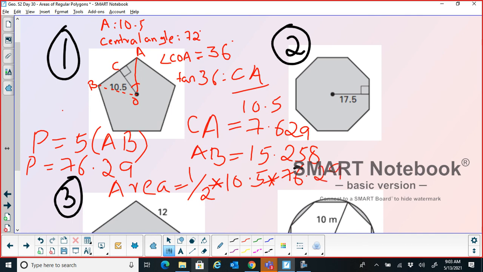And that we can substitute in the calculator and get our answer as 400.523. They have not given units, so we can just say 400.523 square units.